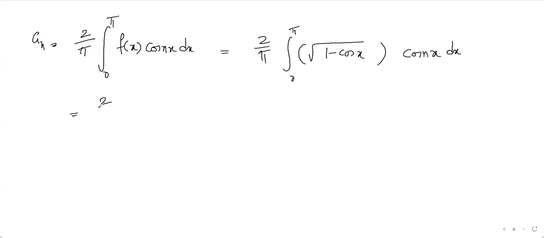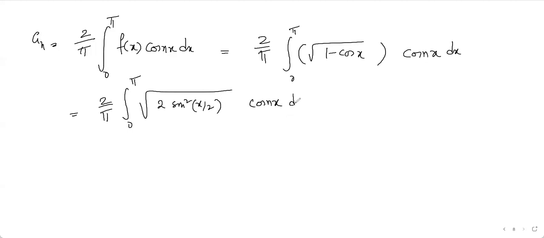Once again, 2 by pi, 0 to pi, square root of 2 sine square x by 2, cos nx dx. So this is 2 root 2 by pi integral 0 to pi sine x by 2 cos nx dx.